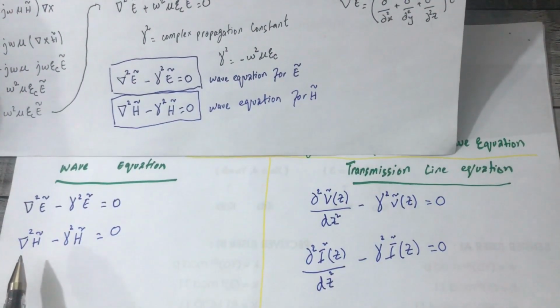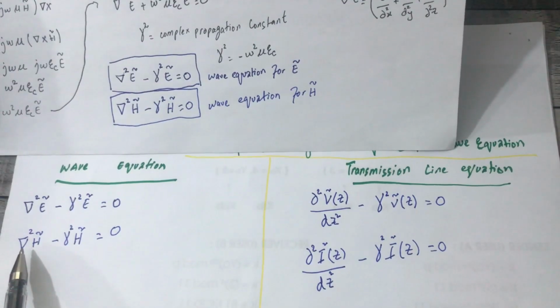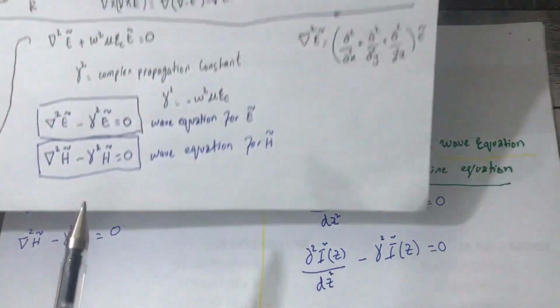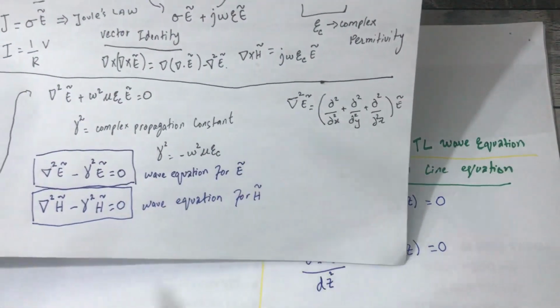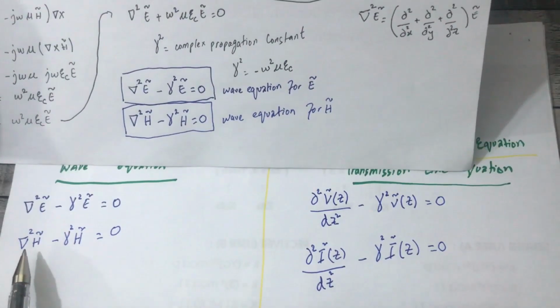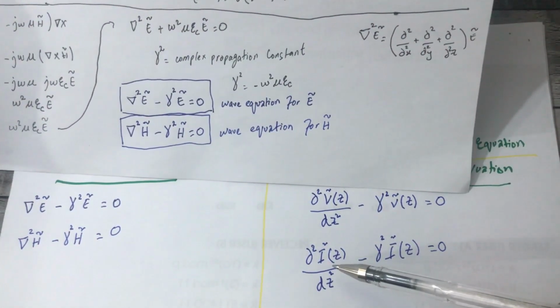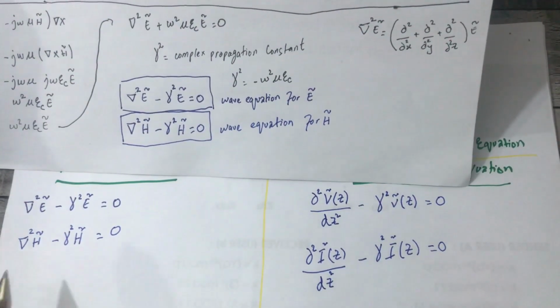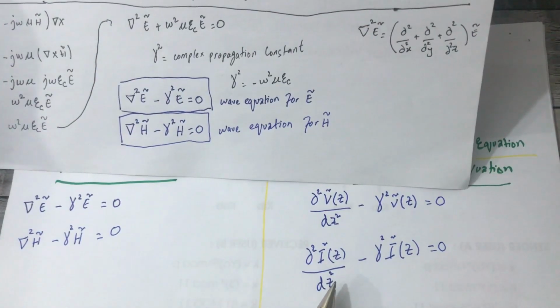Now if you look at the second equation, the wave equation for the magnetic field, that is del squared, which is exactly the same thing as taking a second, partial derivative. I'm just going to use derivative loosely. So the second derivative of this is exactly the second derivative of this. Here we're using the magnetic field, and what contributes to the magnetic field is your current, isn't it?